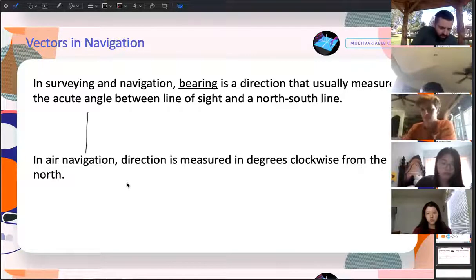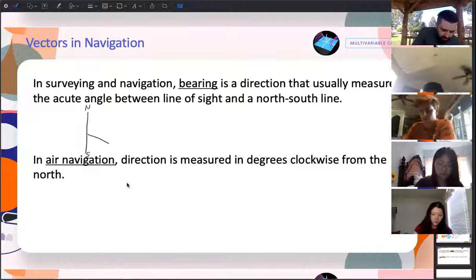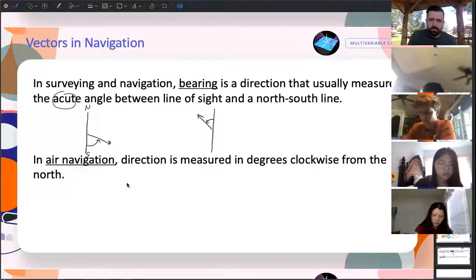So we would literally have north-south, and this would be things moving. If something was over here, they would choose the acute angle between either the north or the south. In this case, obviously the acute angle would be here. If the vector was going here, they would choose this angle from the north.